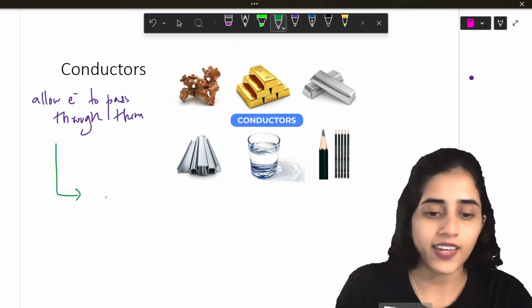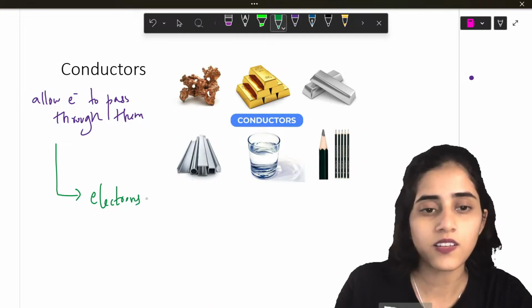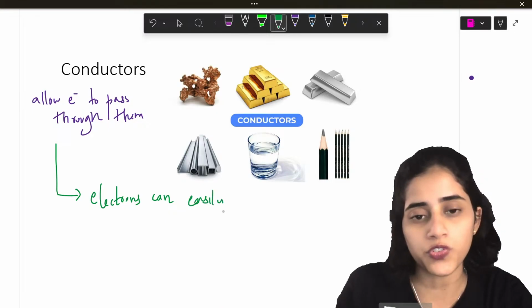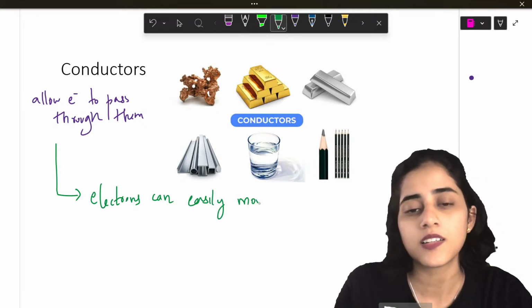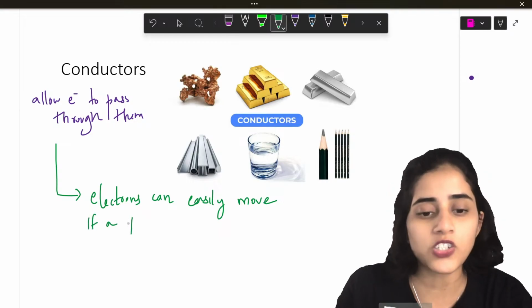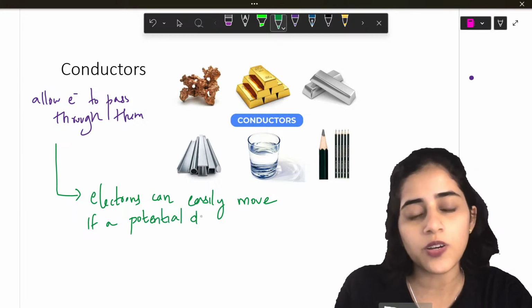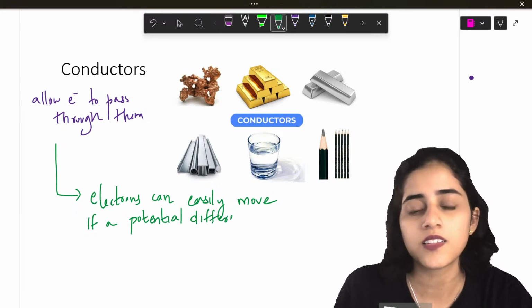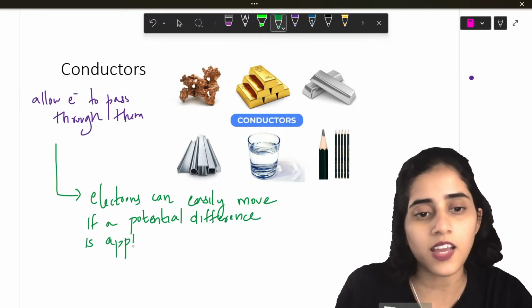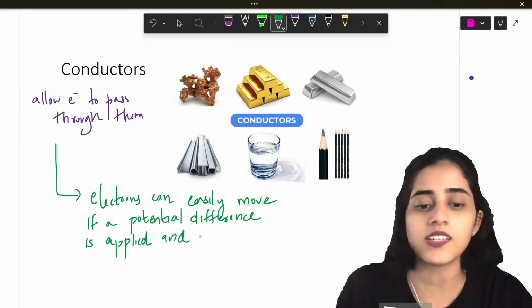So you can say that electrons can easily move if a potential difference is applied and electricity is conducted.